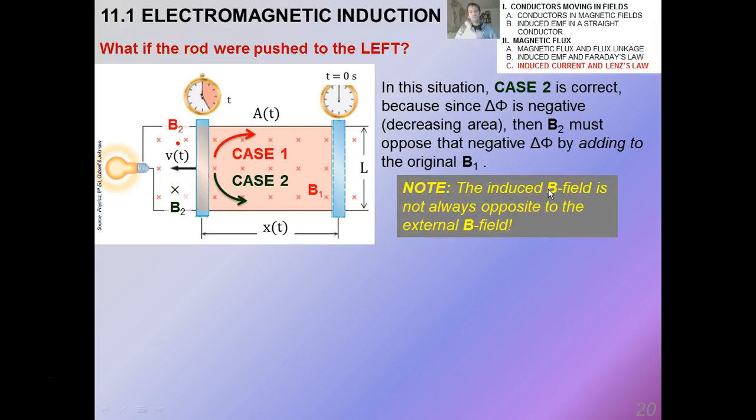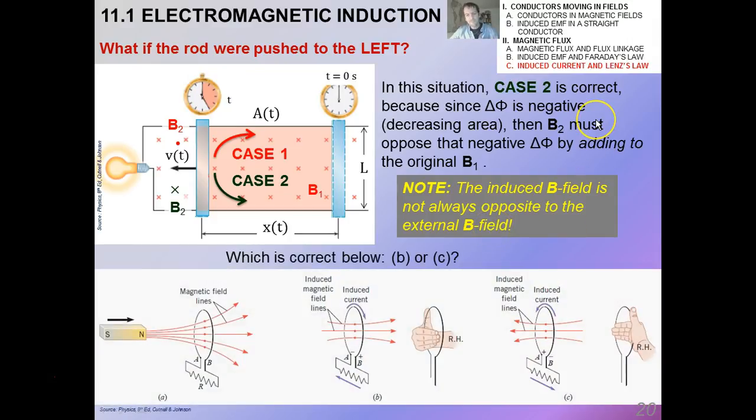Remember, use your thumb rule. The induced B field, very important note here, I should actually have this bright flashing red coming out at you. The induced B field is not always opposite to the external B field. It depends on how the original flux is changing.